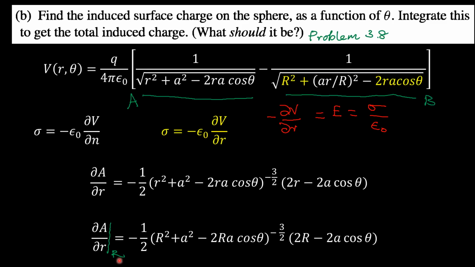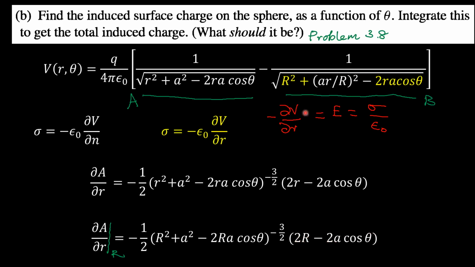So that means you have to replace small r by capital R. So this will become capital R squared plus a squared minus 2 capital R a cos theta, power minus 3 by 2. This will become 2 capital R minus 2a cos theta.